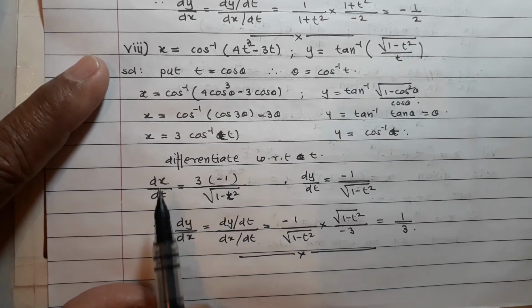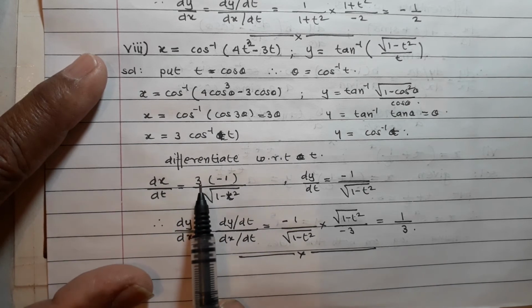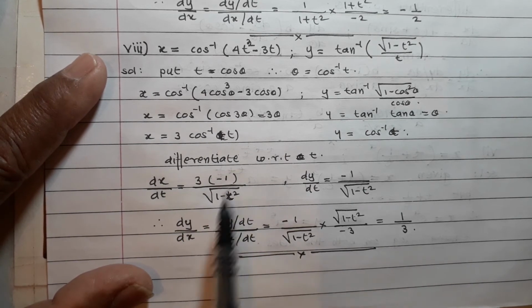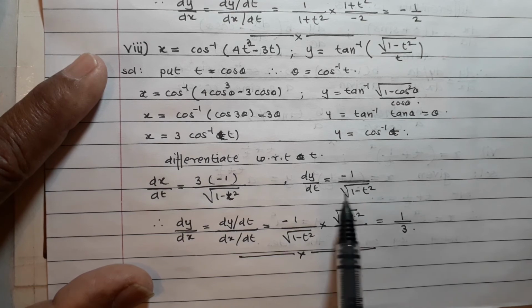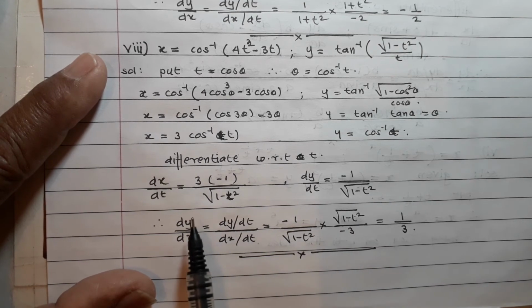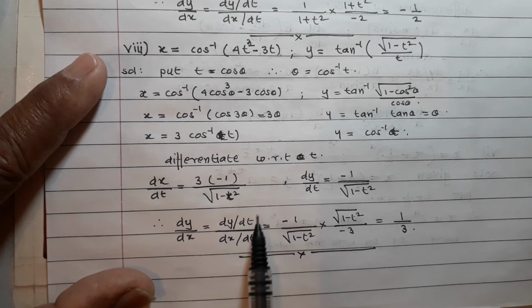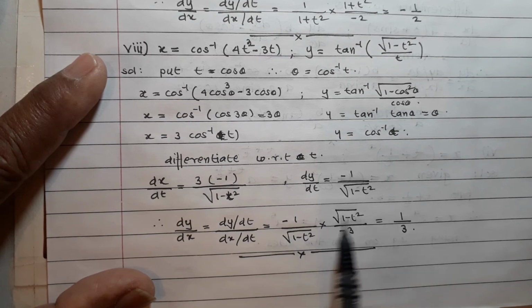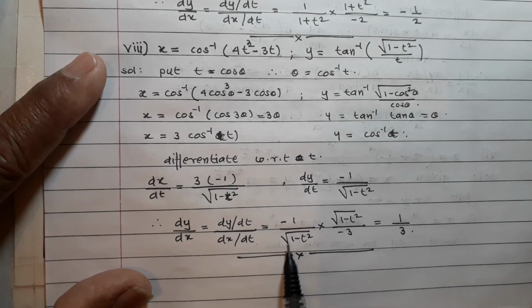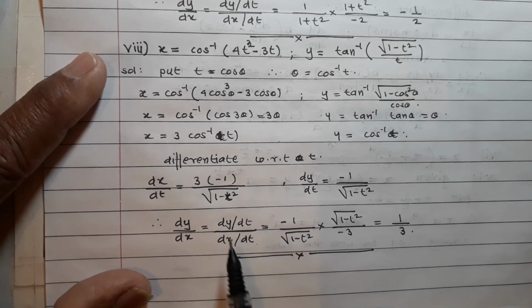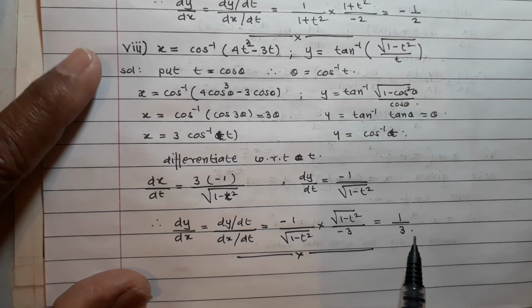Differentiate with respect to t: dx/dt is equal to 3 into minus 1 upon root 1 minus t square. dy/dt is equal to minus 1 upon root 1 minus t square, and hence dy/dx is equal to (dy/dt) upon (dx/dt), which is equal to minus 1 upon root 1 minus t square into root 1 minus t square upon minus 3. This and this get cancelled, and therefore dy/dx is equal to 1 upon 3.